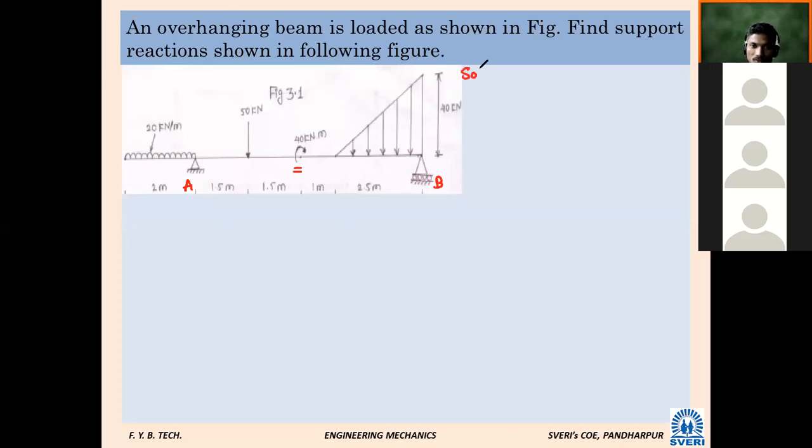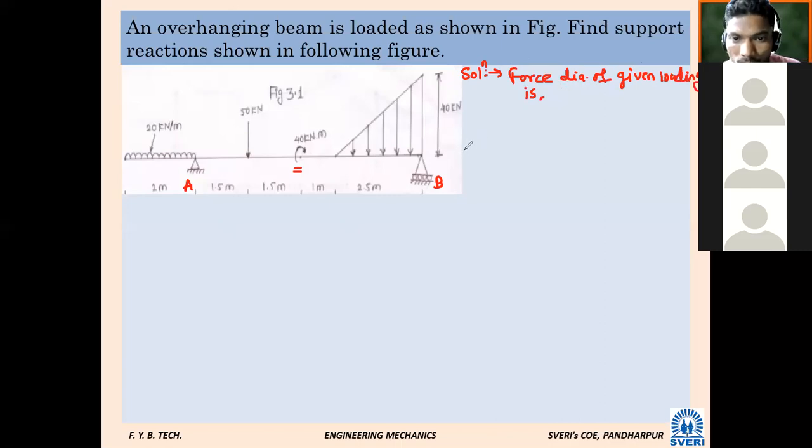For this, almost all things are there in this problem, that's why it was asked. All things are there in the force diagram of the given loading, so I will first draw the force diagram.